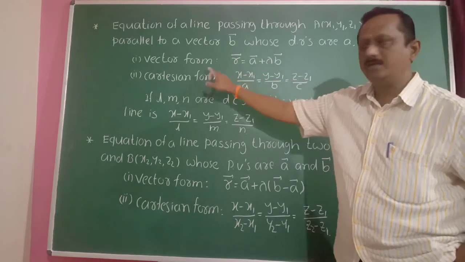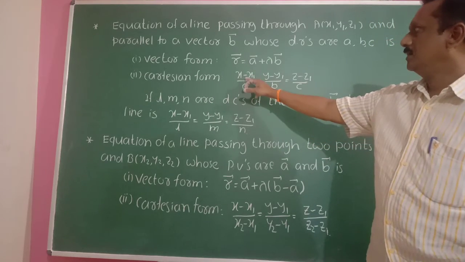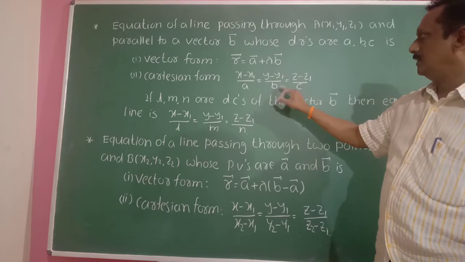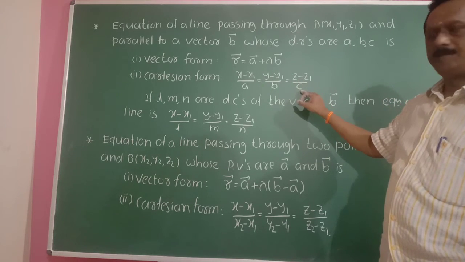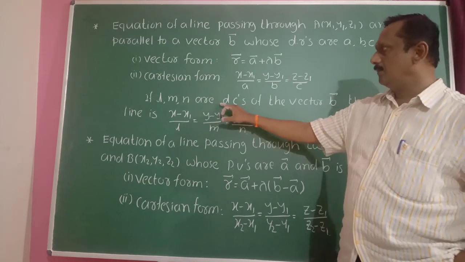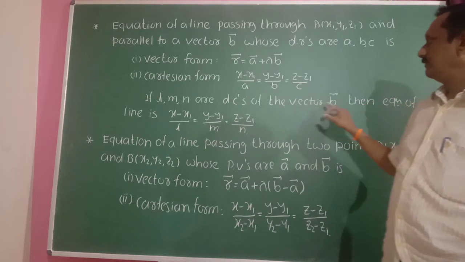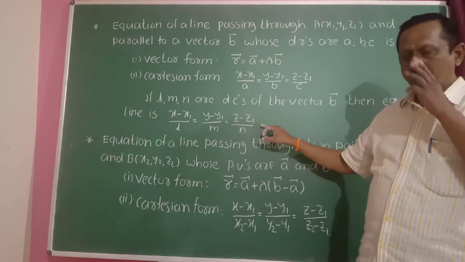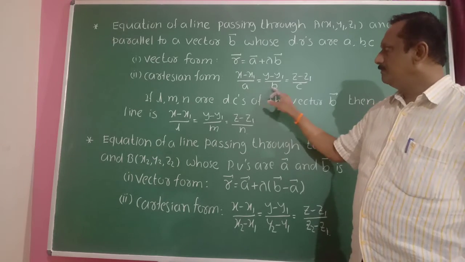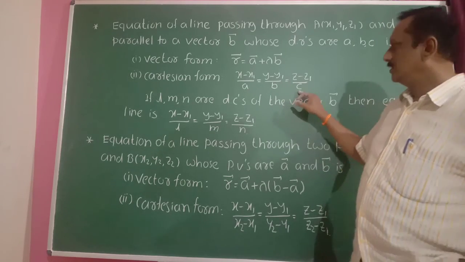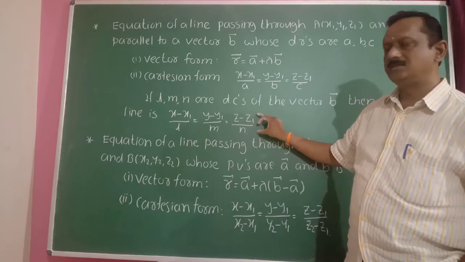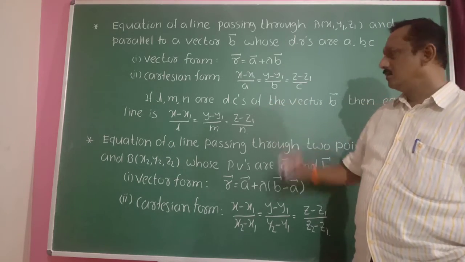The Cartesian form is (x − x1)/a = (y − y1)/b = (z − z1)/c. If l, m, n are the direction cosines of the line vector b bar, then the equation of the line is this. If a, b, c are the direction ratios, use this formula.